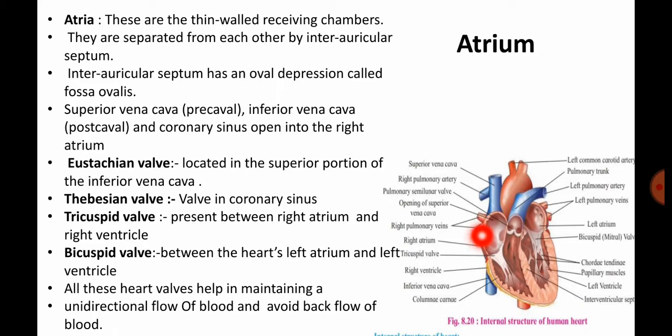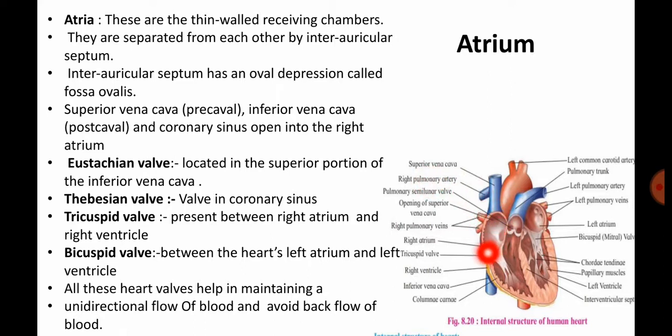So coming to the right auricle, deoxygenated blood comes in. Who brings the deoxygenated blood? The superior vena cava brings it. From above the heart, the head region, shoulder and neck region, the deoxygenated blood is brought into the right auricle through the superior vena cava.